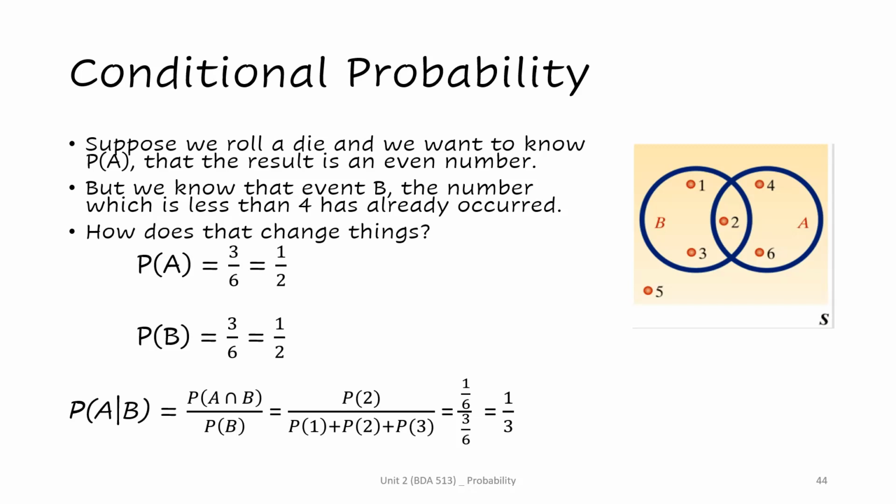So it's 1/6 divided by the probability of B, which is 3 out of 6. So that gives us 1/3. So the probability of A, given that we know B, is 1/3.